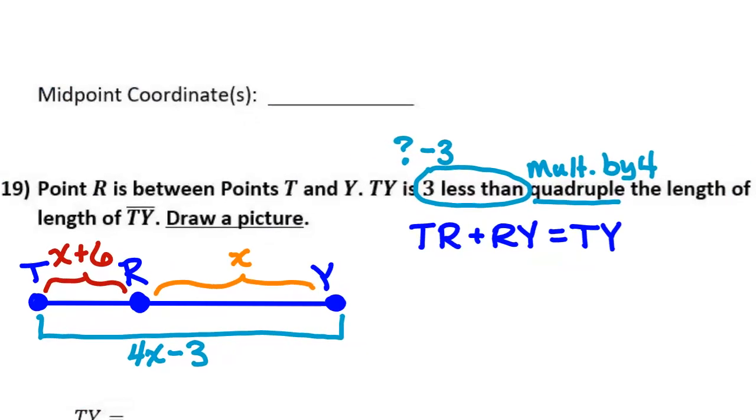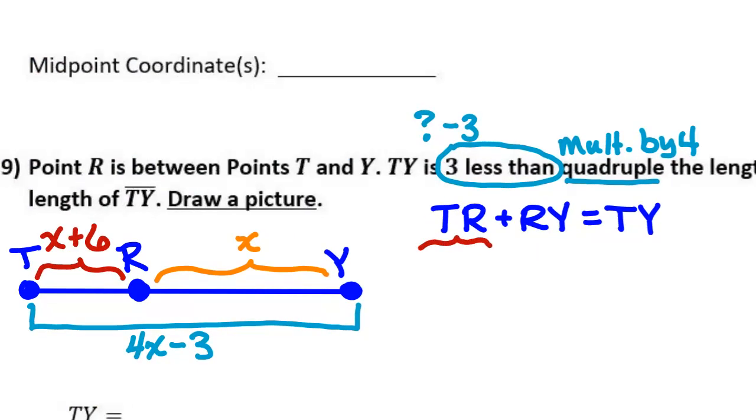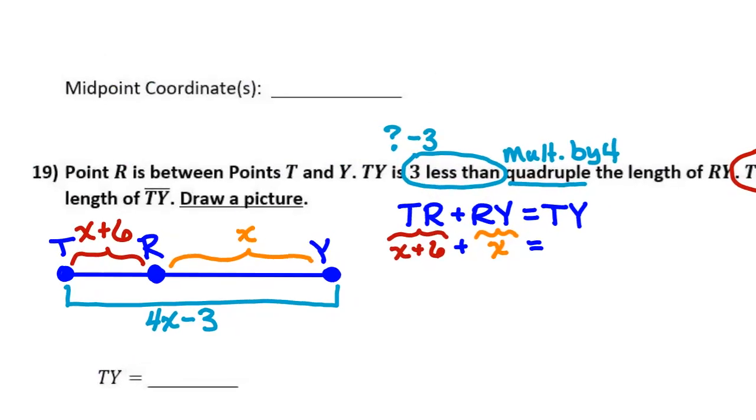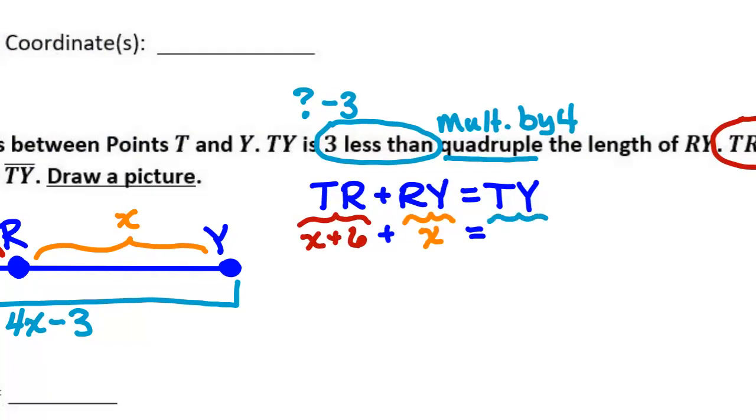In the place of TR, we're going to put X plus 6. In the place of RY, we're just going to put X. And in the place of TY, we're going to put 4x minus 3.